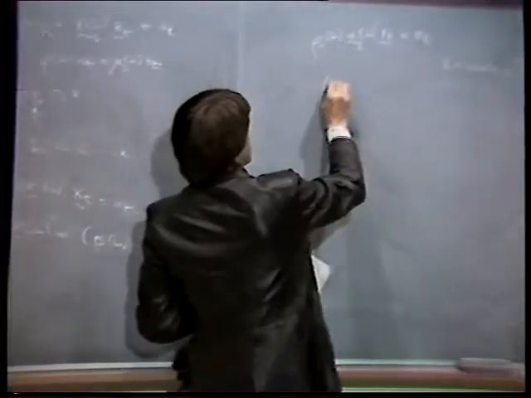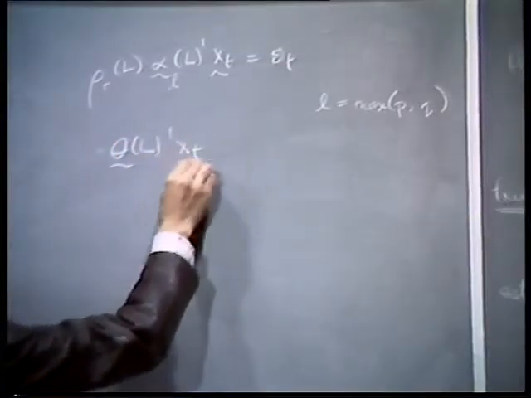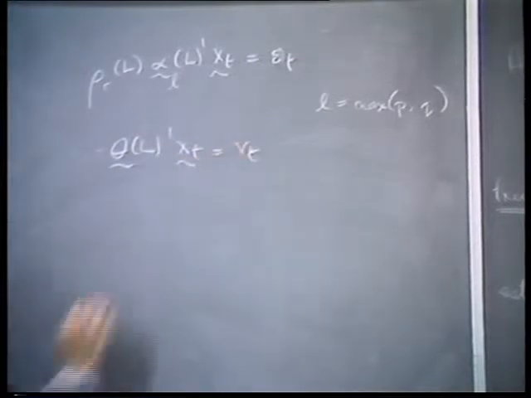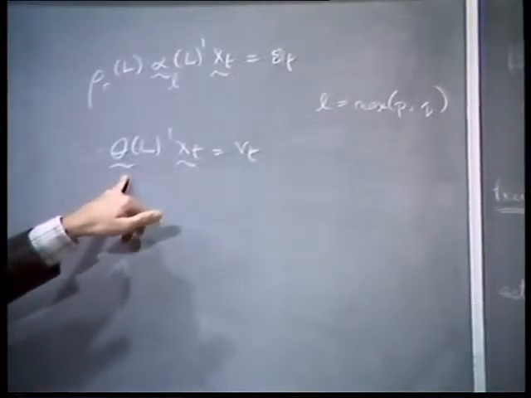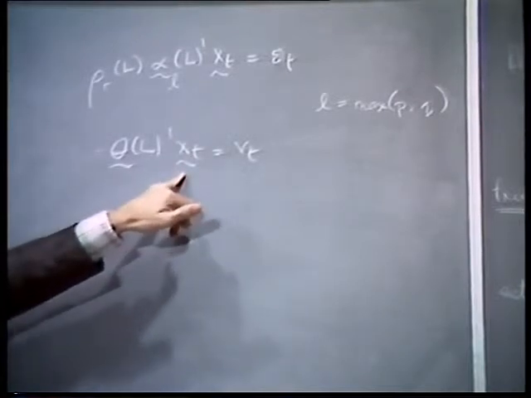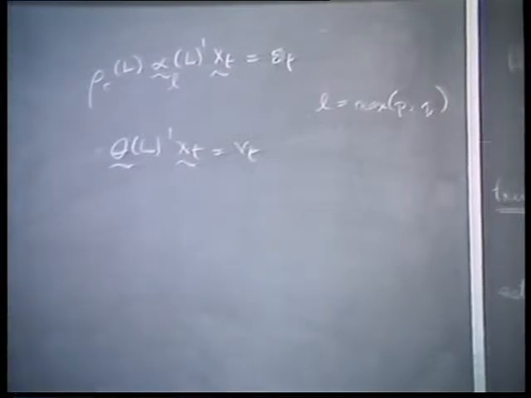Well, we can contrast the first model with a completely unrestricted model where we just have theta of L, a vector of polynomials operating on x_t, equal to some error process, which is assumed to be white noise.